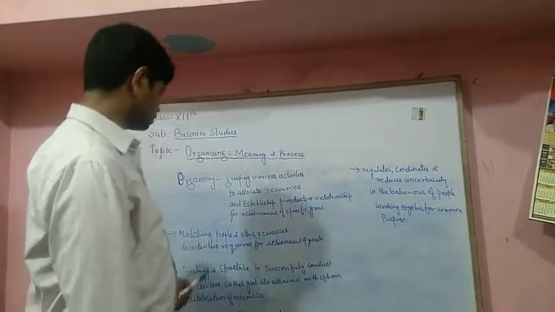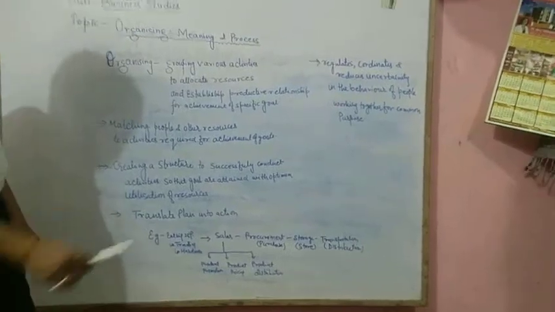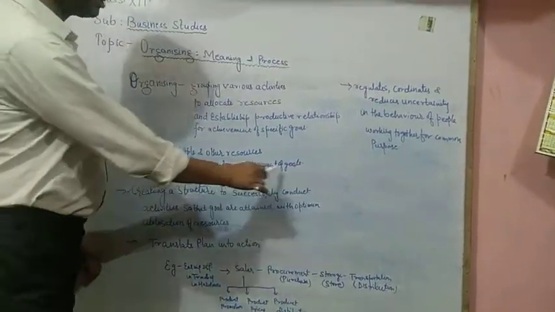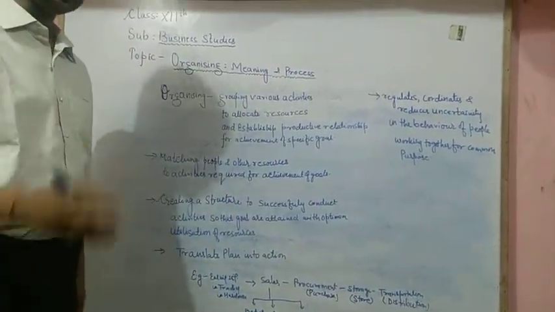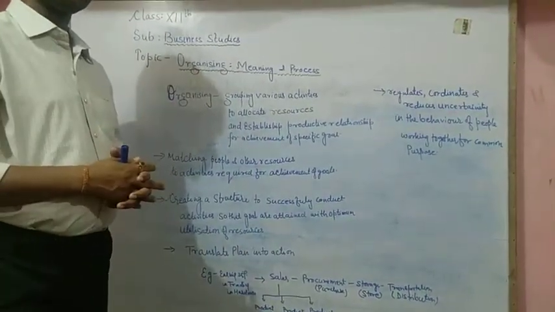So coming to the next, here we match the people and other resources for the activities required for achievement of the goals. Whatever goals we have in mind, to achieve those goals we have to match the people and resources.